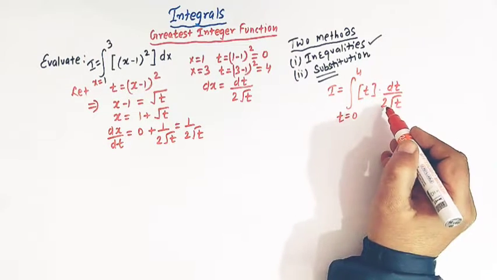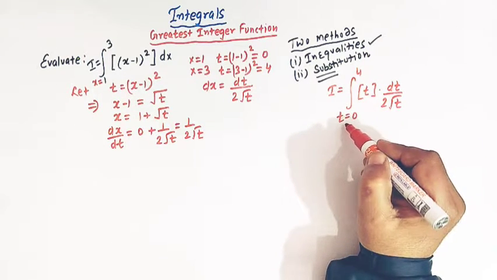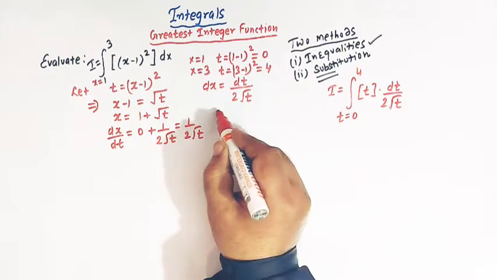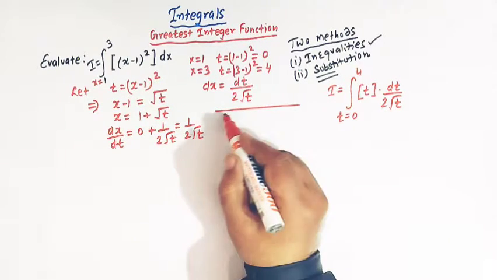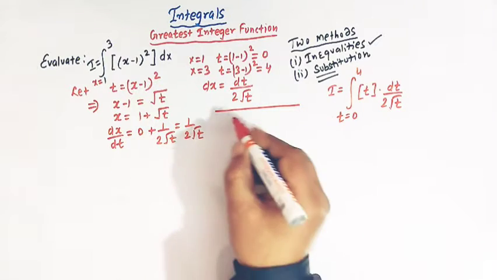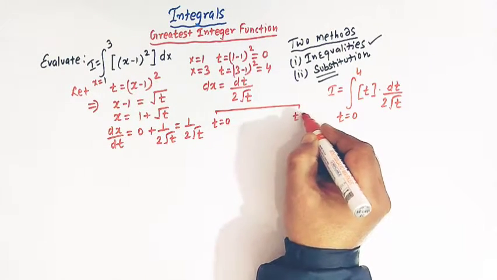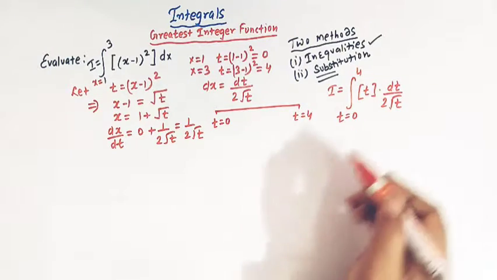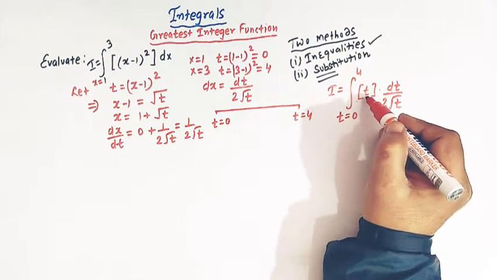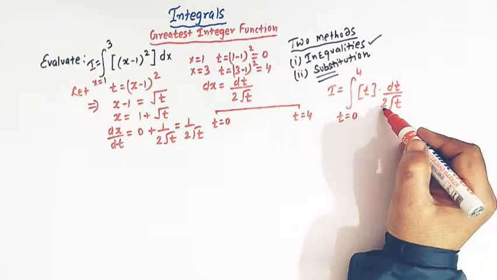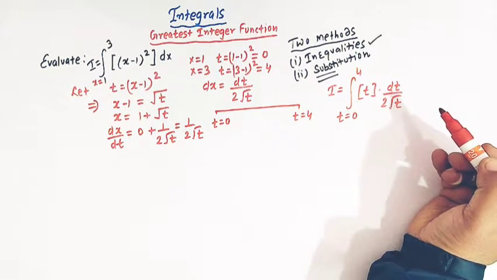Here the limits vary from 0 to 4, so we can draw a real number line with t equal to 0 here and t equal to 4 here, and the integrand is the greatest integer of t times 1 over 2 times the square root of t.